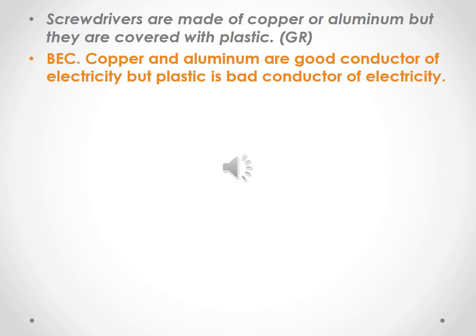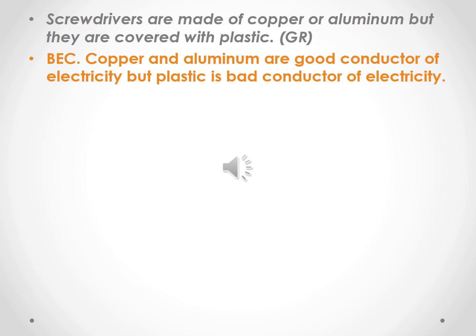We have here some live applications on electric conduction. The first one, the electric wires or cables are made of copper or aluminium and covered by a plastic layer. Why? Because both copper and aluminium are good conductors of electricity, which allow electricity to flow, while plastic is a bad conductor of electricity, which doesn't allow electricity to flow.